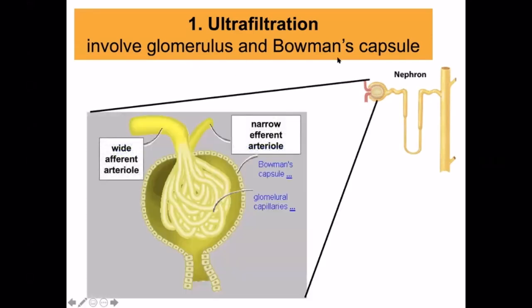So, okay, here as I mentioned just now, the blood flow from wide afferent arteriole to narrow efferent arteriole, where the blood capillary is getting narrower. So as the result, this will increase, or this will create a high hydrostatic pressure that will push the small substance from glomerulus to the Bowman capsule.